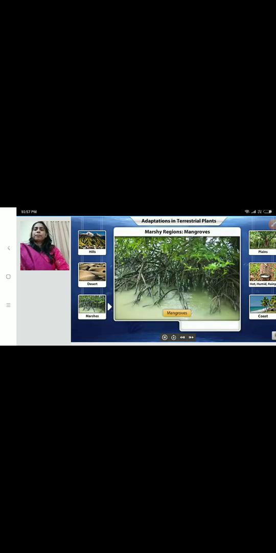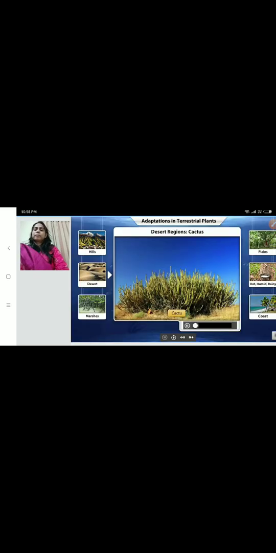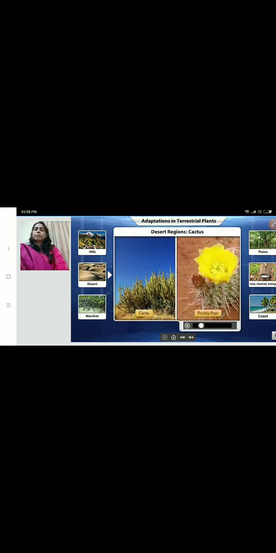Now desert. Do you know how plants like cactus and prickly pear have adapted themselves to the dry and sandy desert soil?